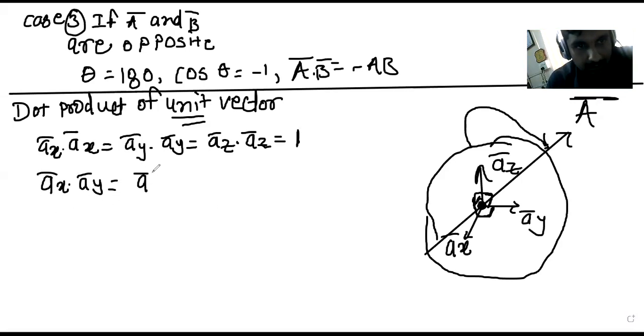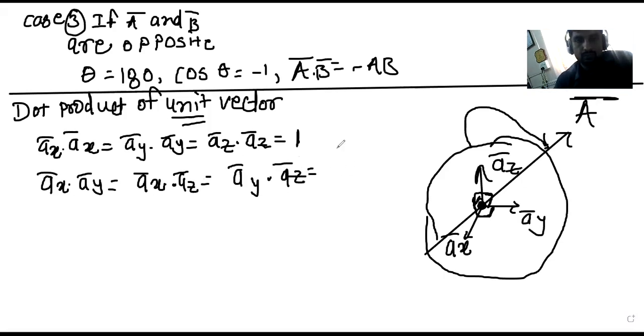Similarly, a bar x is perpendicular to a bar z, and similarly a bar y dot a bar z is also perpendicular. So what is the answer in that case? We know that if theta is equal to 90°, cos theta is 0. If cos theta is 0, the answer of dot product is 0. So this is one part.